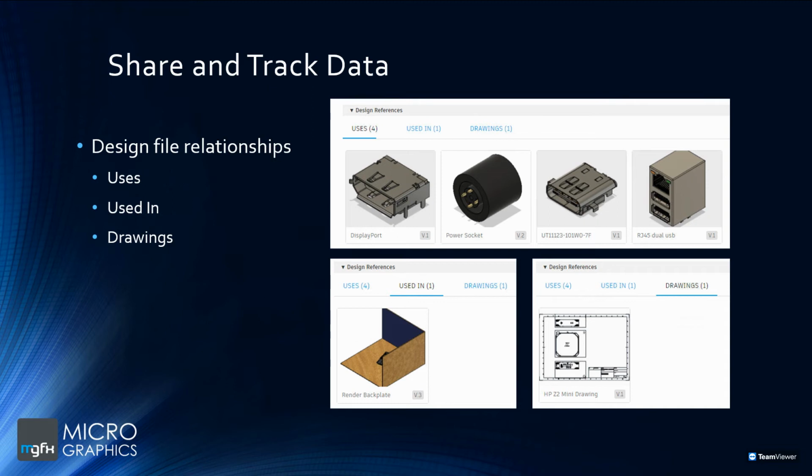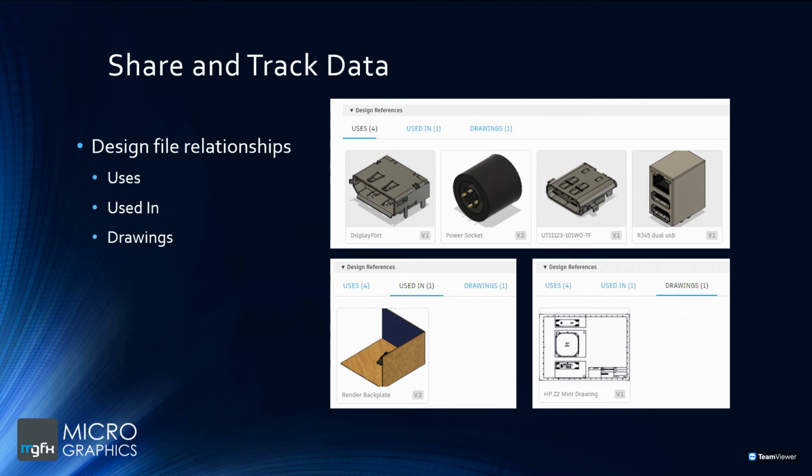So these are standard components that were pulled from a library or pulled from another project with standard components within it. So we have a display port, power socket, we have what looks like a USB-C connection, and then your RJ45 with your USB 2, so your network point, your USB points. So that HP Z2 Mini computer uses those components within the design.